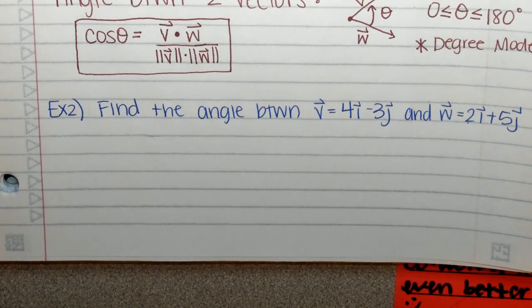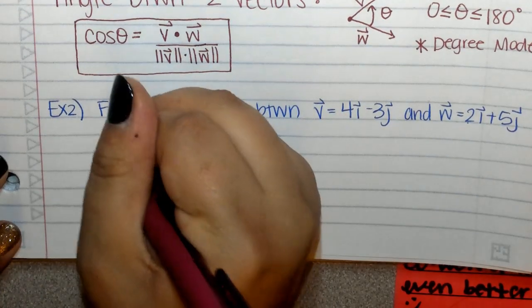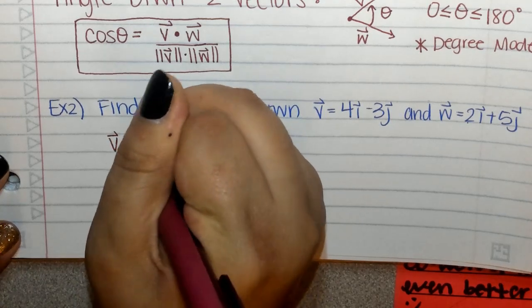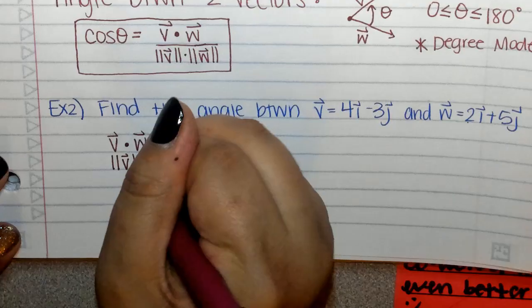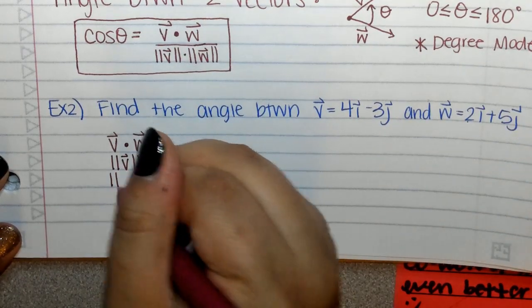What am I going to need to do here? Find the dot product. What else? And the magnitudes.